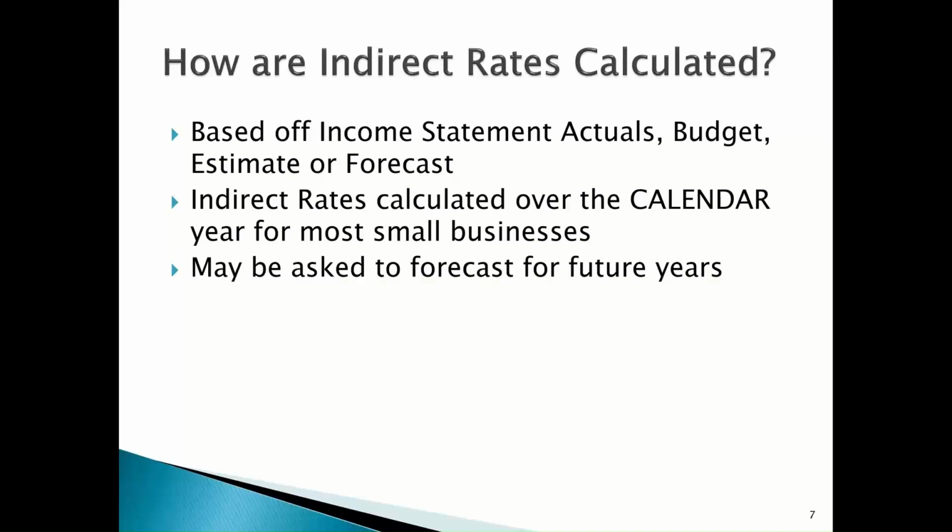Okay, let's talk about how indirect rates are calculated. Indirect rates are calculated based on the actuals you have off your income statement, your budget, your estimate, or your forecast. They're calculated over the calendar year for most businesses. So as we're sitting here talking, it's about September, and people ask me, well, my indirect rates seem really high.